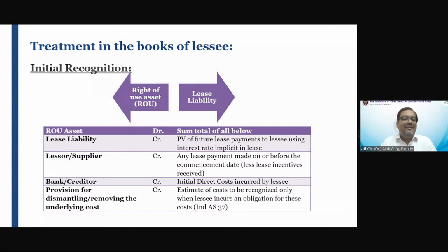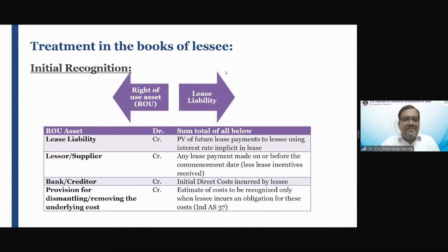You have to discount all the future lease payments to the present value, then debit right of use asset, credit lease liability, depreciate the right of use asset, and also charge interest on the lease liability, then you pay. So it's a complex accounting treatment in comparison to the previous standard on leases.